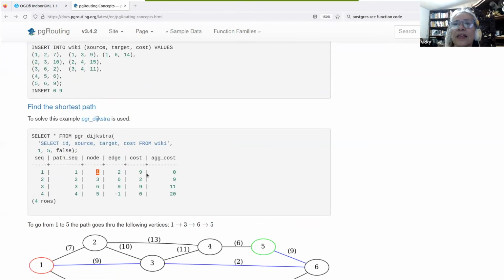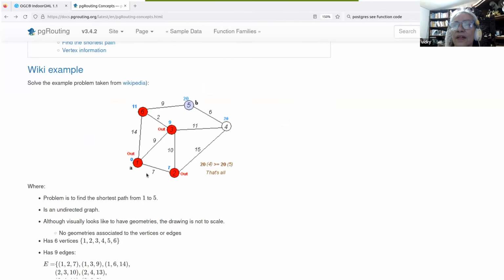Let's see if that is similar to here when it finds the result. It's from 1 to 2 to 3 and to, no, from 1 to 3 to 6 and to 5.